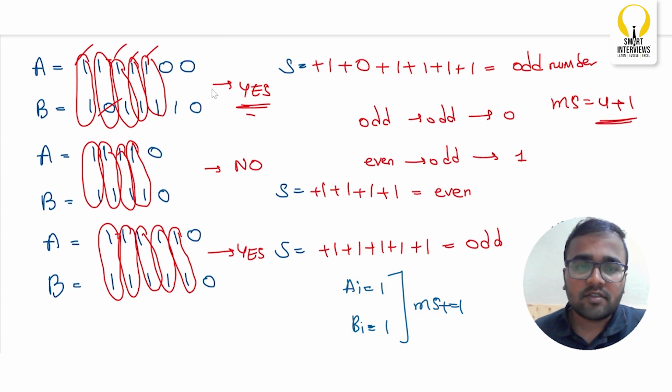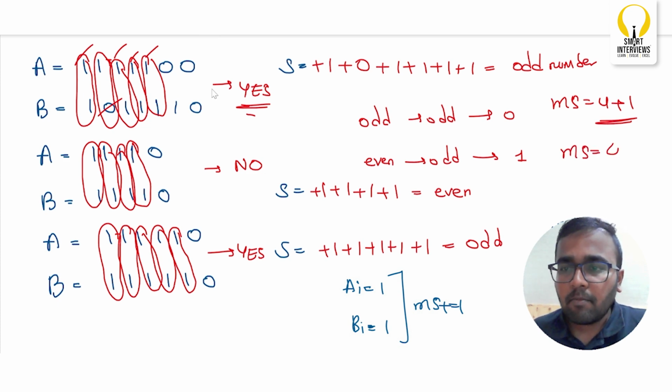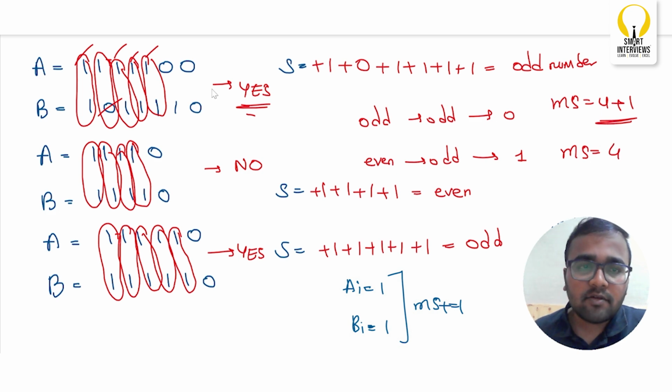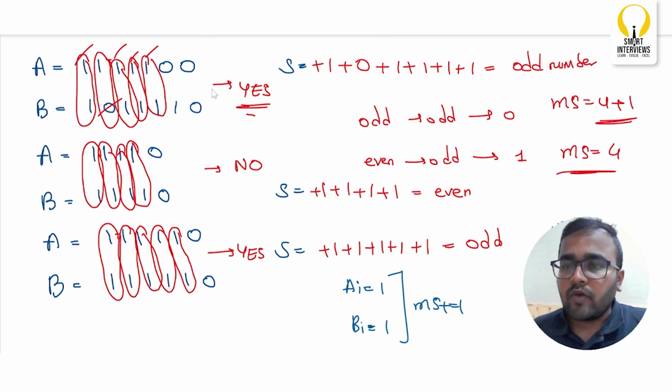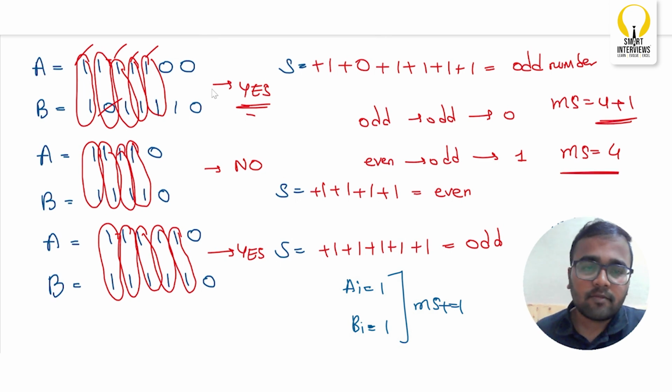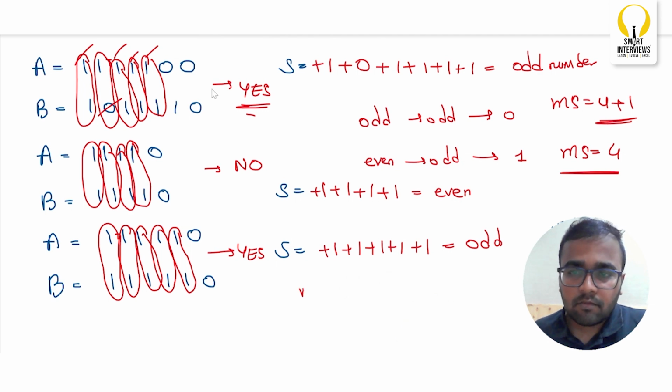So the output is yes. In this case, the minimum sum is 4. But do you have at least one such case where A[i] is 0 and B[i] is 1, or A[i] is 1 and B[i] is 0? No such case. So you cannot make it an odd number. Here the minimum sum is already 4.